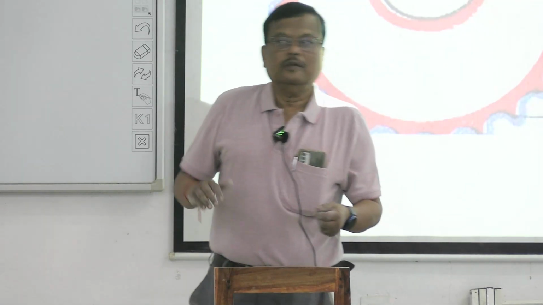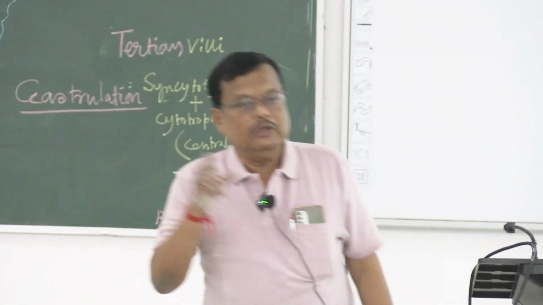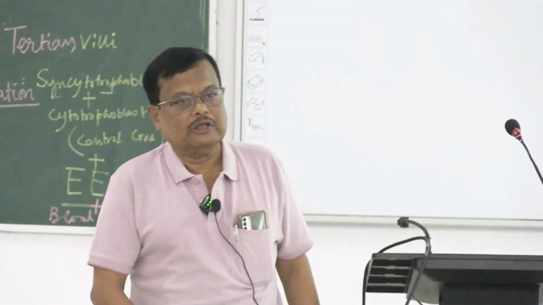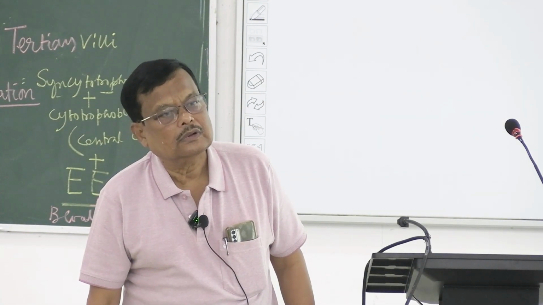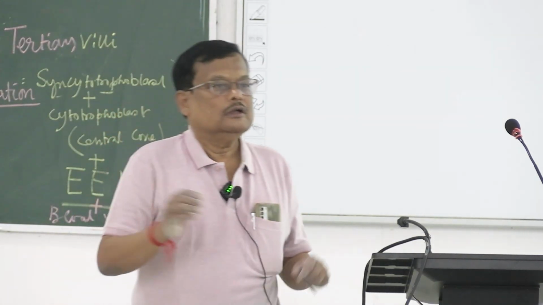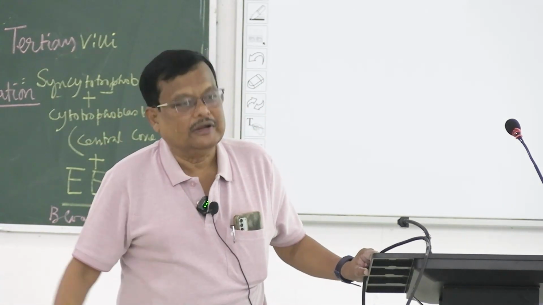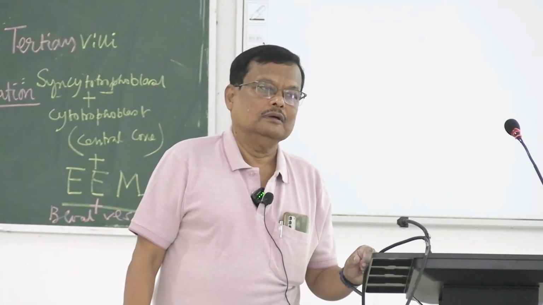A part of the allantois during development is taken up for the development of our urinary bladder. And the remaining part of the allantois usually remains as a ligament we call the median umbilical ligament.